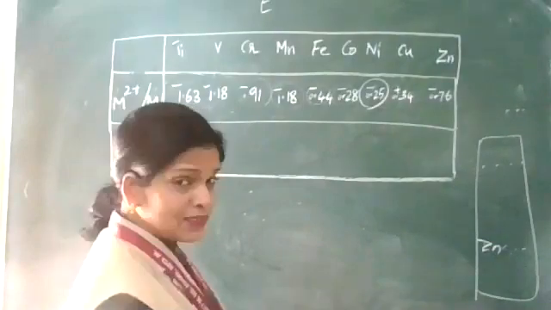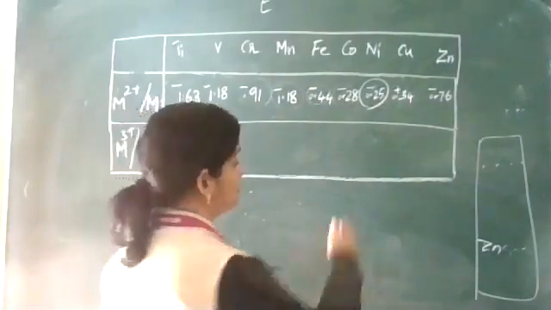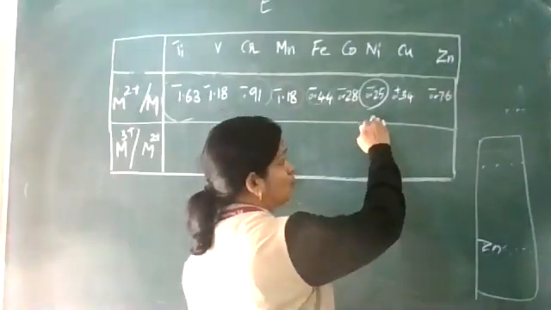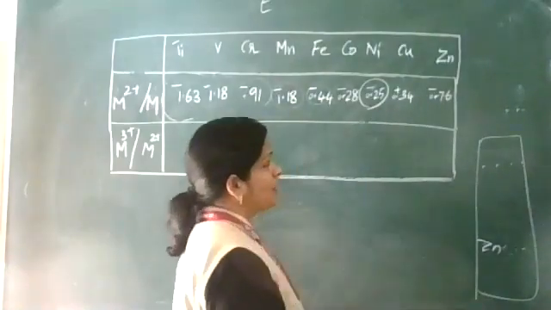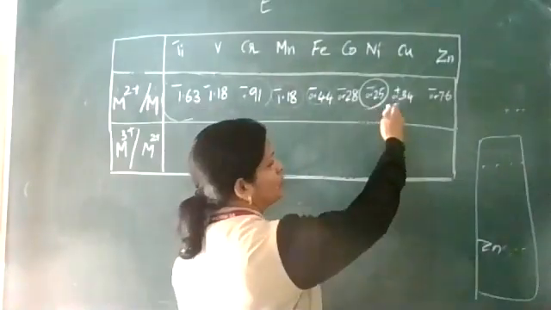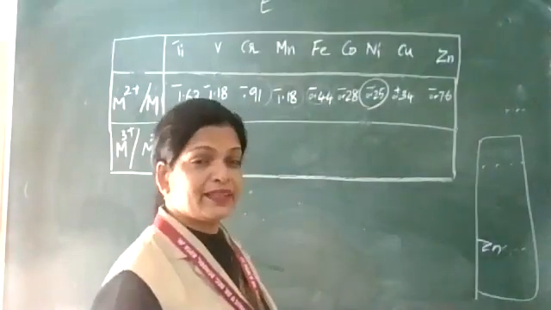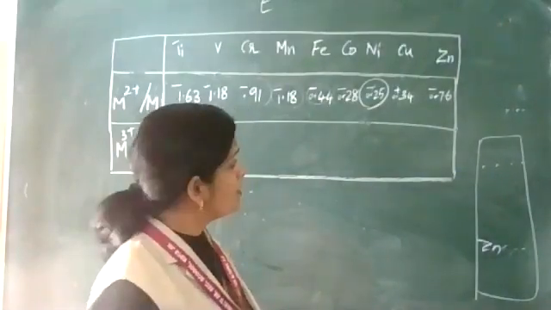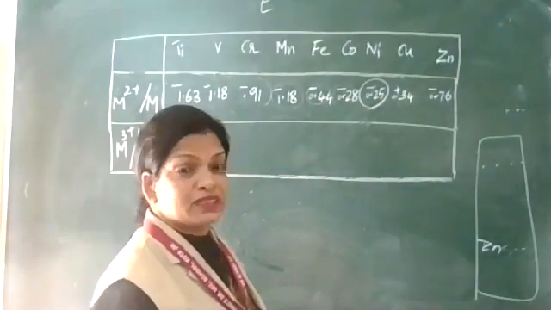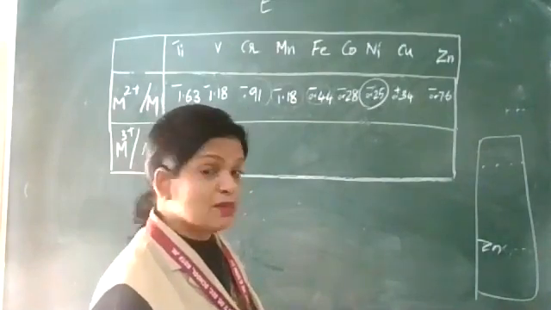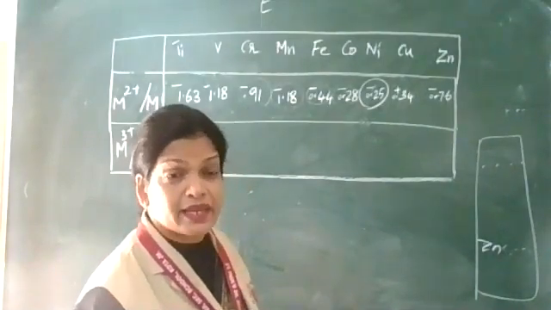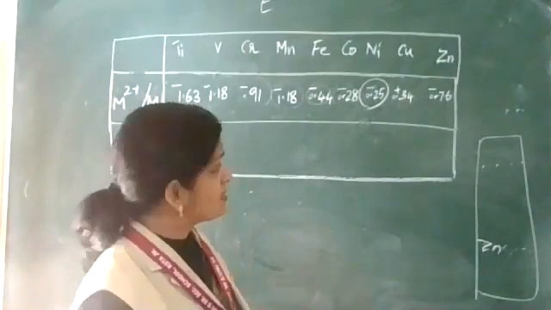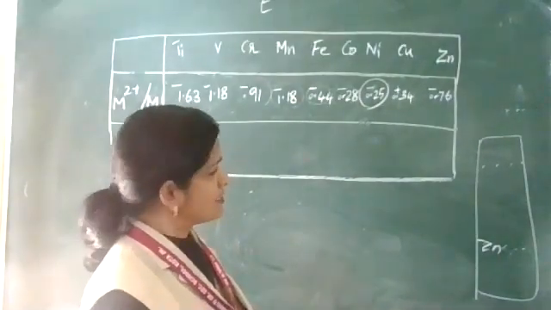Now copper: if this had been plus 1, then it would have been plus 0.3, again coming to a positive. It is positive due to its high sublimation enthalpy or high enthalpy of atomization. Still, that is somewhat in the trend.